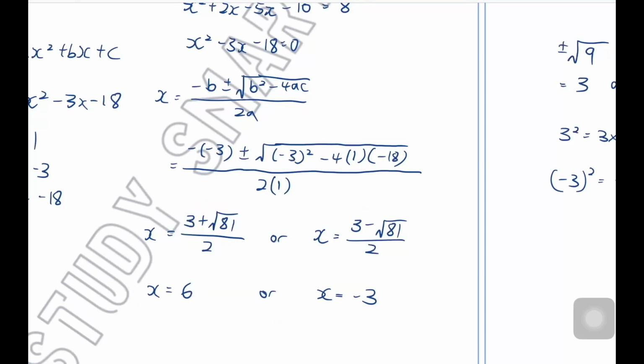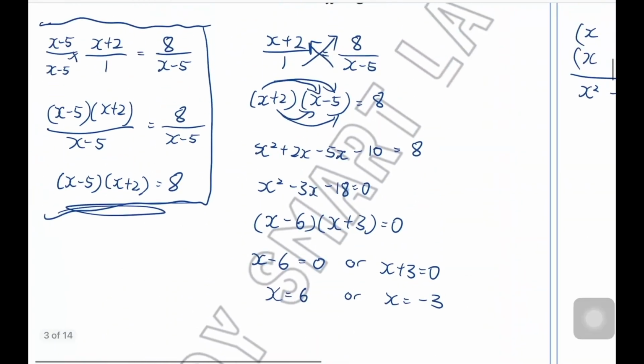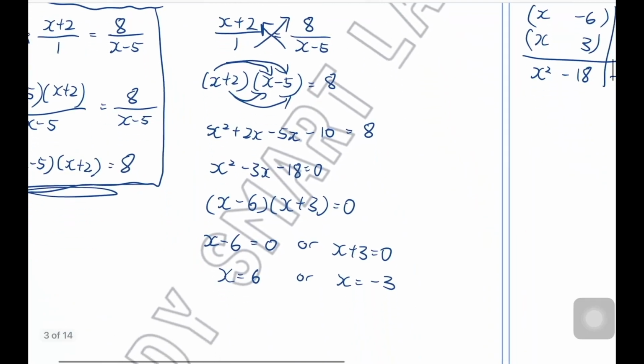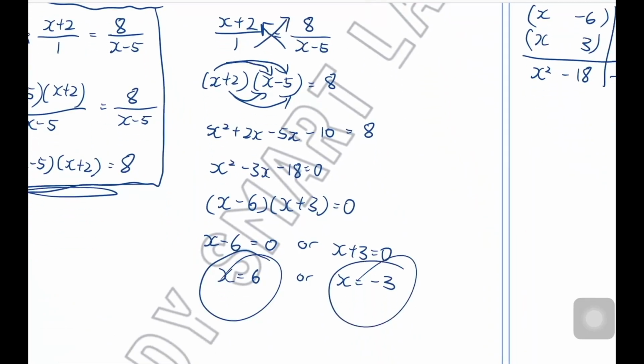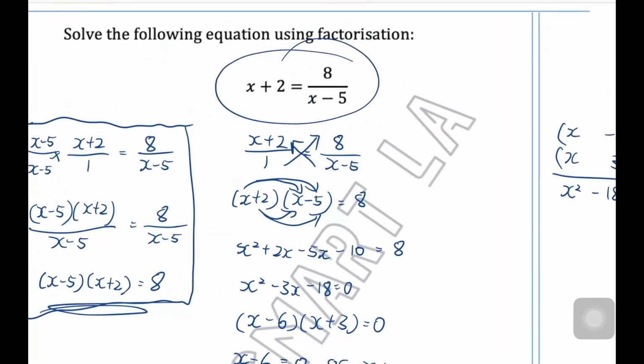Right, and this makes a lot of sense because in quadratic equation, and in fact we have already solved this in the previous video, you will get x to be 6 and x to be -3, right? So you are expecting two answers for this quadratic equation because you have already solved it using factorization, and those are the two answers that you get.